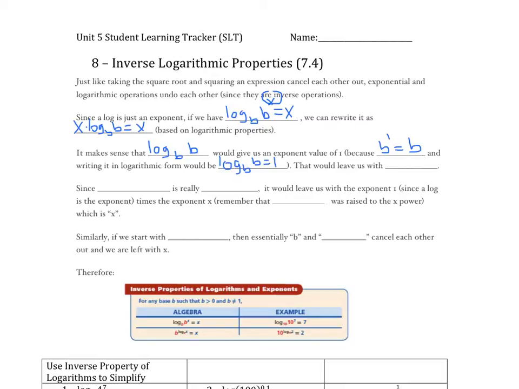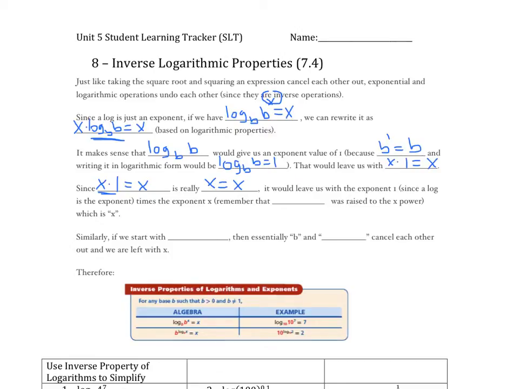And that would leave us with x times 1, because log base b of b is 1, so x times 1 equals x. And x times 1 is really x, so we have x equals x. So we're proving the fact that if we have log base b of b to the x, it does indeed equal x.